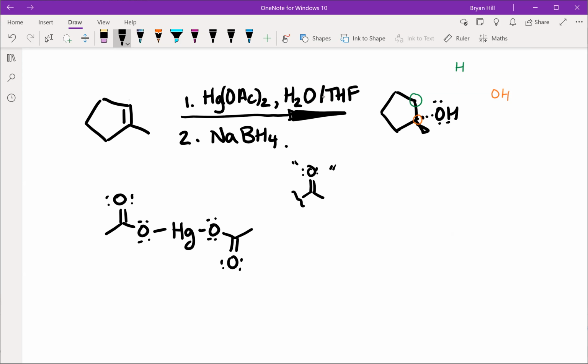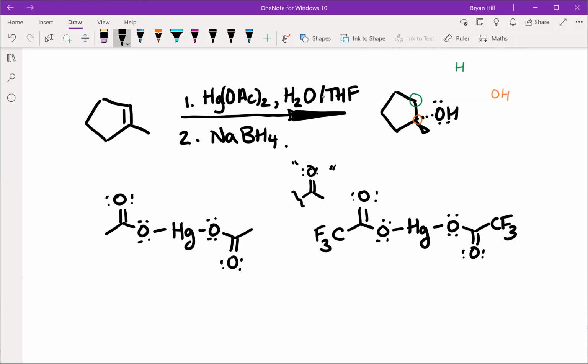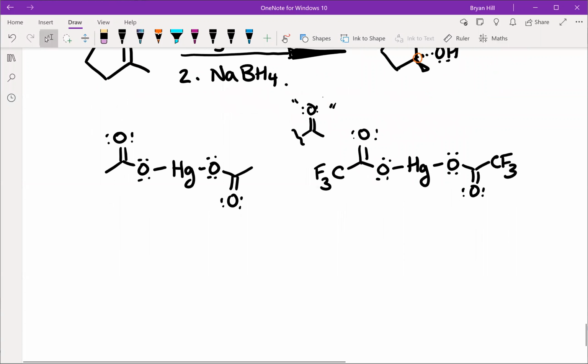There's another reagent which has been used, which I remember using when I was doing grad school, which was this version of it. This version is slightly more reactive, and basically it's the same thing except there's fluorines on the acetate, which we would know have an electron withdrawing inductive effect. So this mercury here is going to be our electrophile.